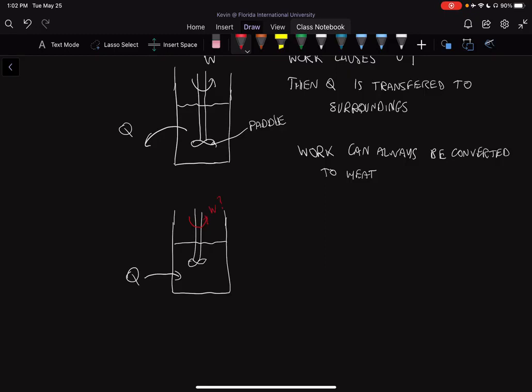If we add some heat, is it going to create some work and rotate this paddle? No. We actually have no work. So what we can conclude is that heat cannot always be converted to work.